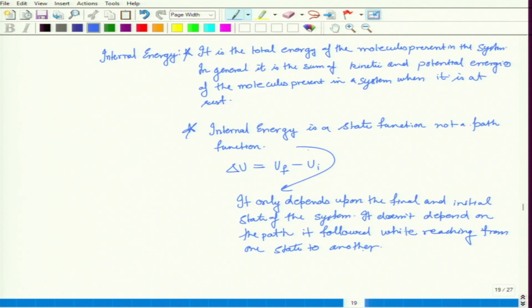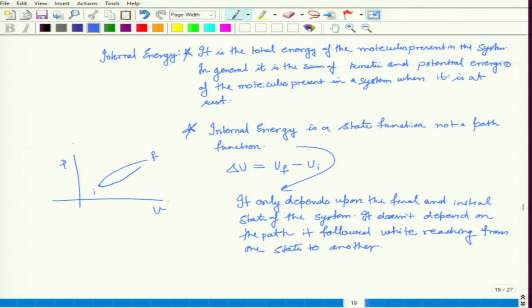So if I have to plot, let's say, some PV diagram and it follows this path, this is the initial state and this is the final state.